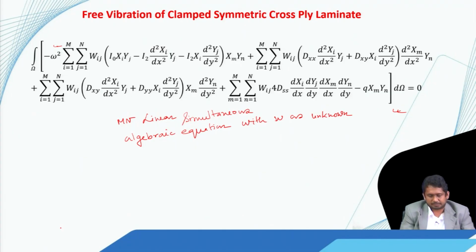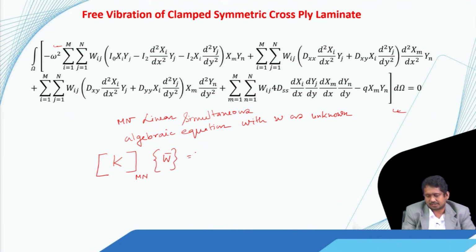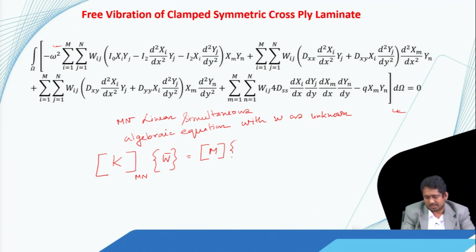Now, if we write it, finally the equation will look like this. There will be a matrix K, and the matrix will have size m n multiplied by W bar is equal to a matrix M multiplied by W bar and omega square.